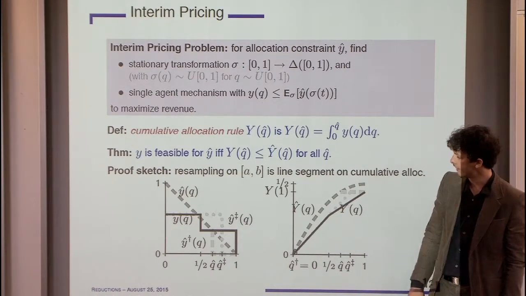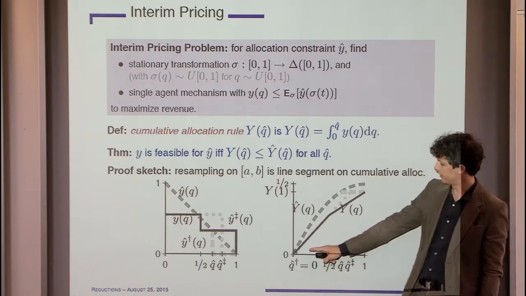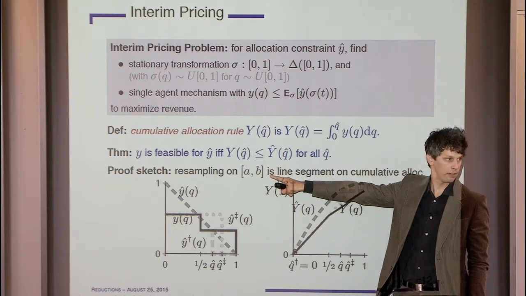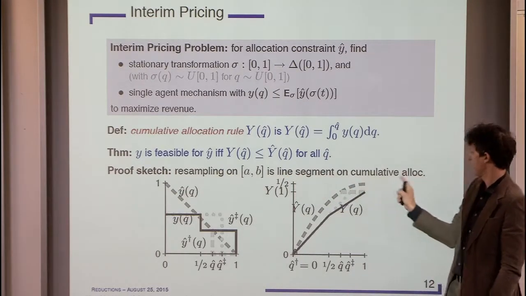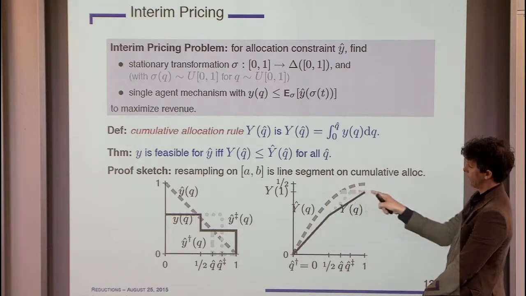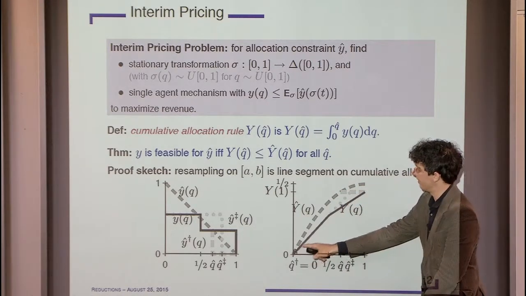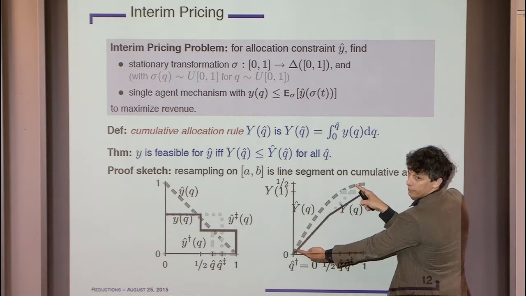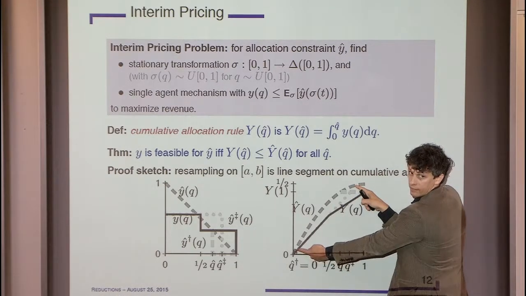Then the next thing I want to do is use the fact that resampling on interval AB is replacing a line segment in the cumulative allocation rule. So if I want to take this curve, which goes like that, and make it look like this curve here, I can just take that interval and resample it. Okay?